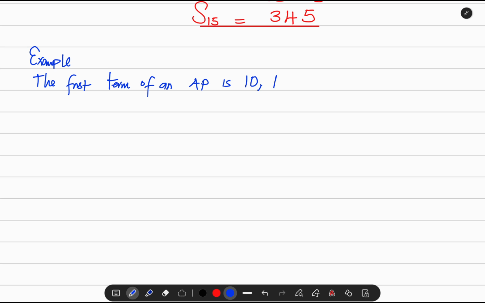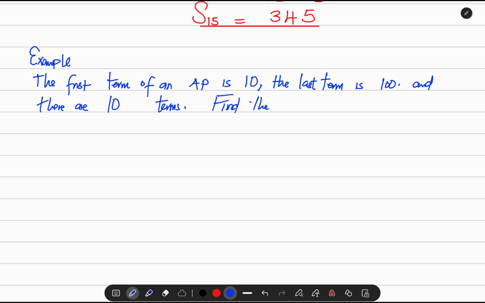The last term is 100. And there are 10 terms. Find the sum.